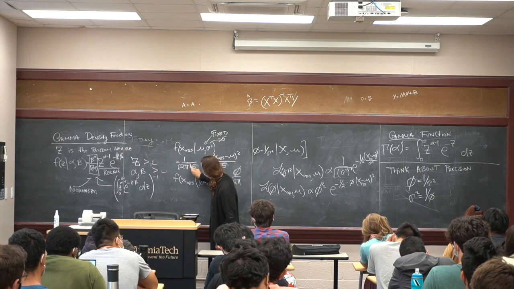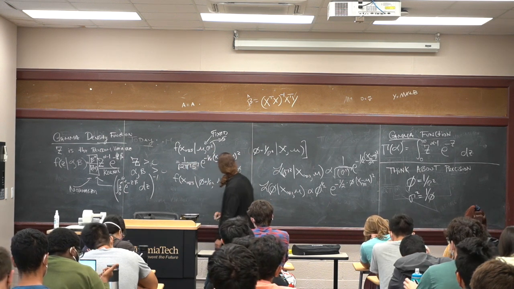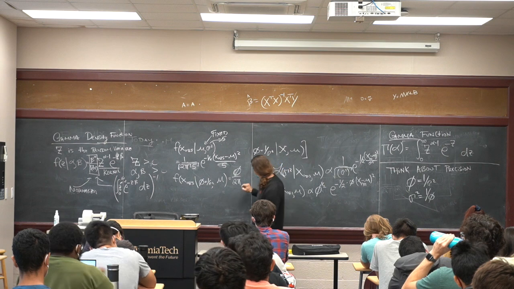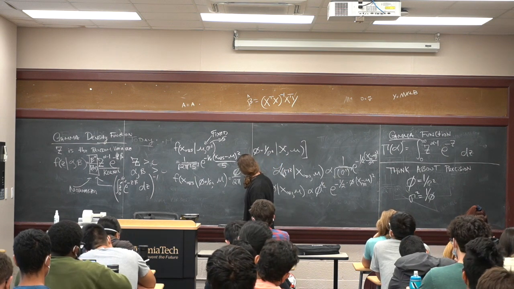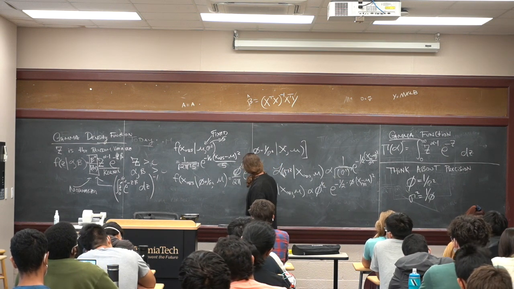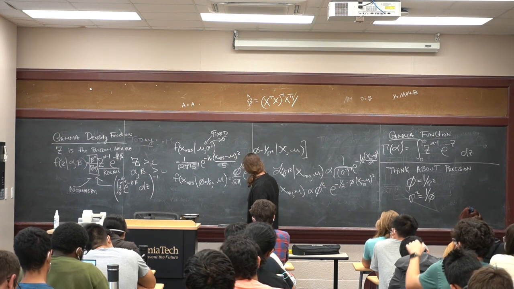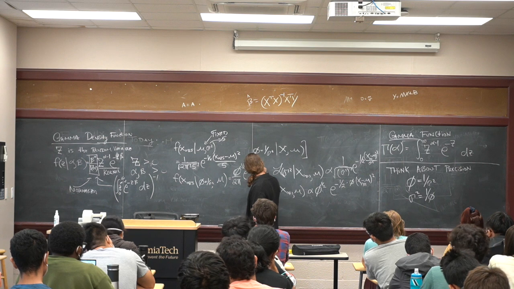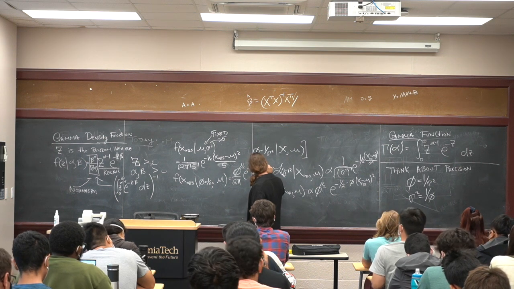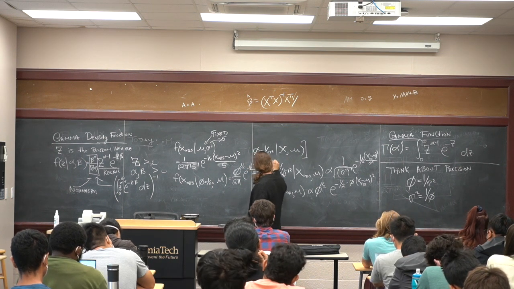I want the 5 inside my square root, so phi to the 1/2, e to the minus phi over 2, (x obs minus mu) squared.